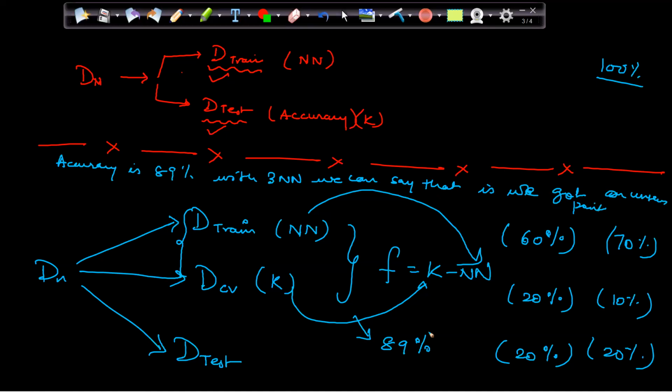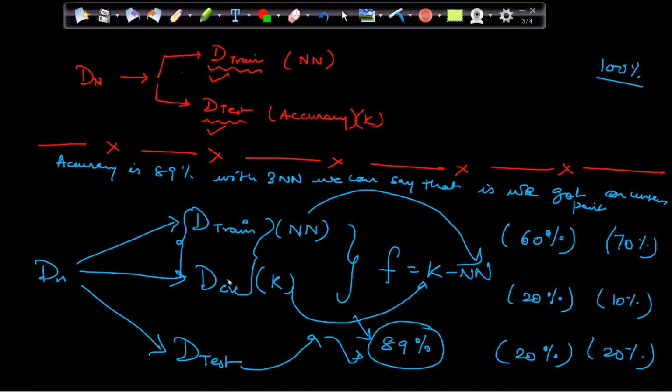right? If I'm getting 89% accuracy using train and cv, and if I'm passing test also in the function and I'm getting, let's say, 89% accuracy only, then I can very well say that I'm getting 89% accuracy with 3 nearest neighbor when we are actually running the unseen points, right?